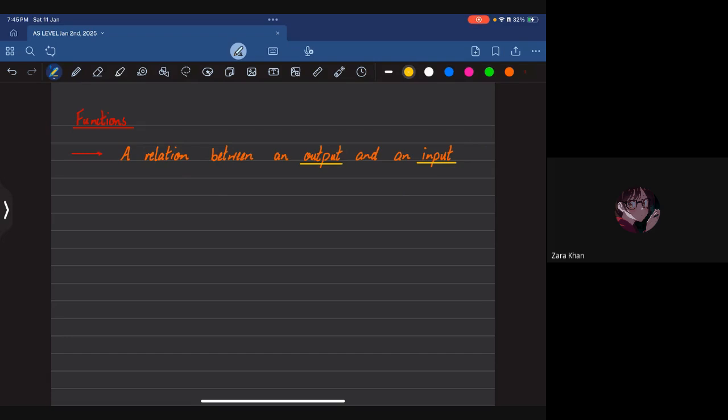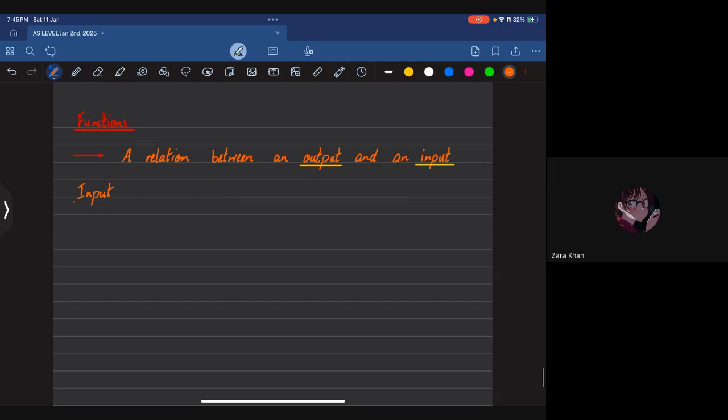Let's see. So if we're talking about inputs, a function is best described as some sort of a machine or some sort of formula where you plug in inputs and it gives you outputs as results.